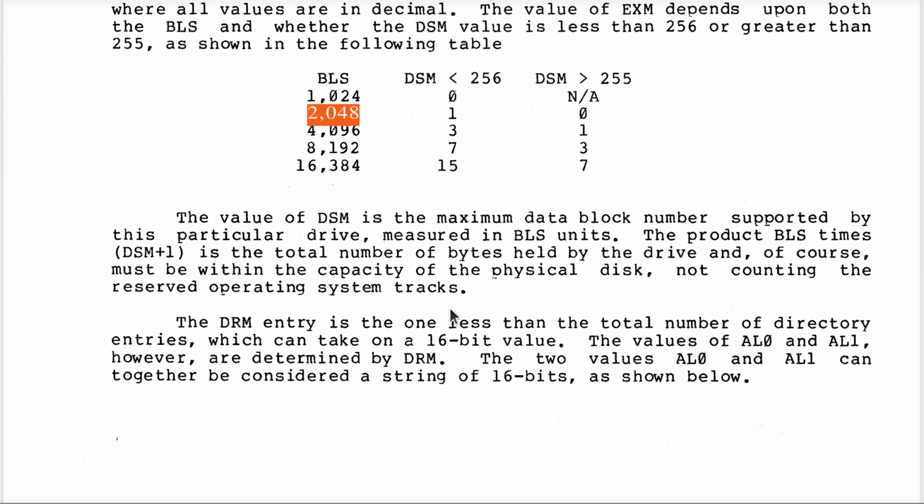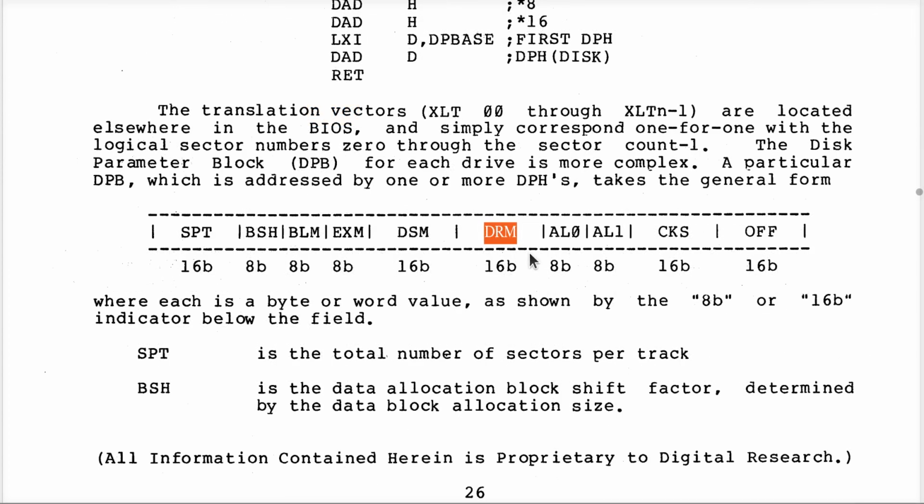I mean, 8 meg divided by 2K is 4K. Now, it says that BLS times DSM plus 1 is the total number of bytes. I just did that in reverse, right? It says must, of course, be within the capacity of the disk. Thank you for pointing out the obvious. Not counting the reserved operating system tracks.